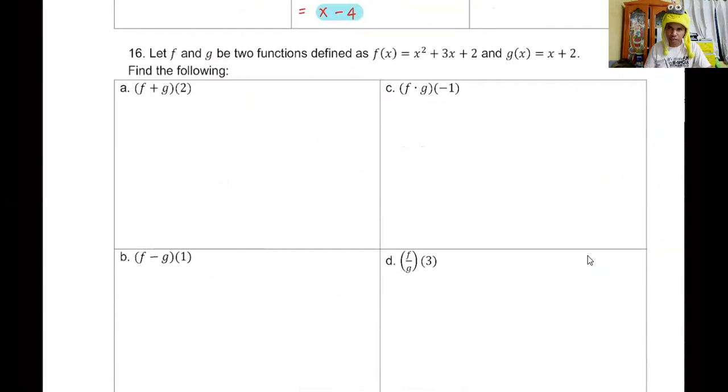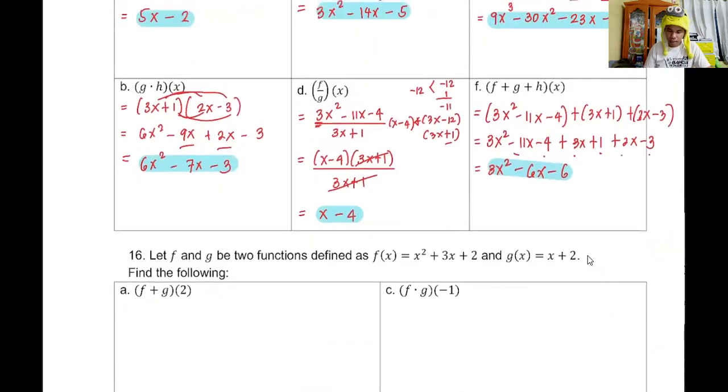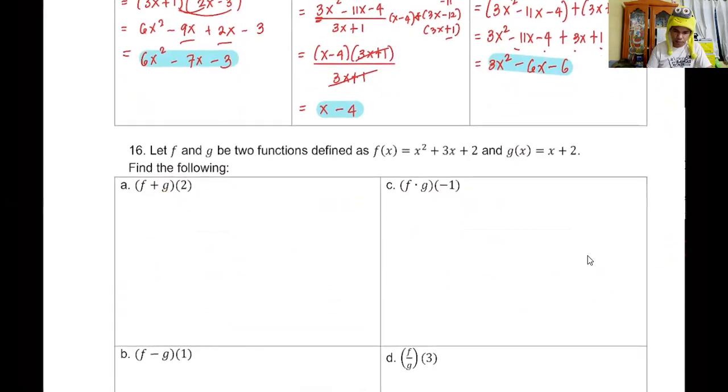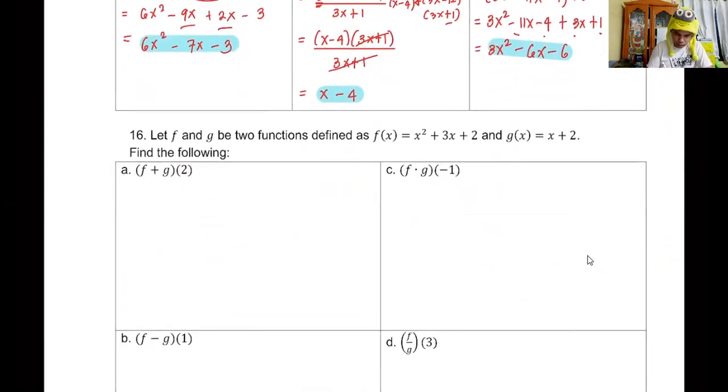So for number 16, if you have noticed, the content of the parenthesis is not x anymore, it's 2. So what does that mean? After you add, whatever function comes out, you replace x with 2. Okay? So let's do it. So this is f plus g of x is equal to, what is f?